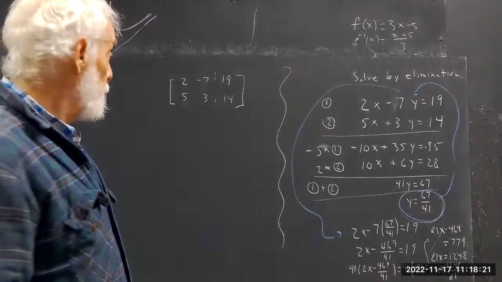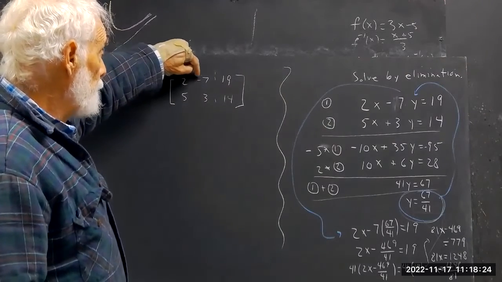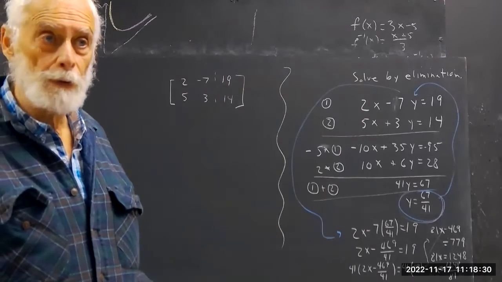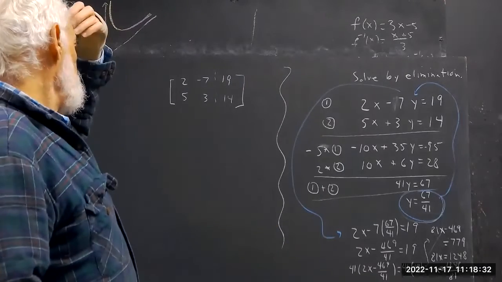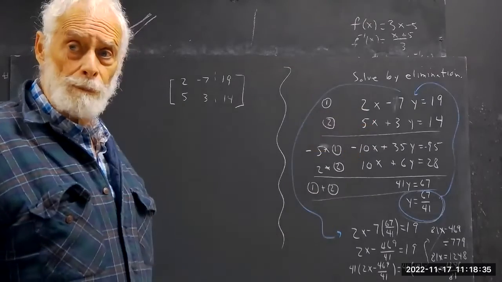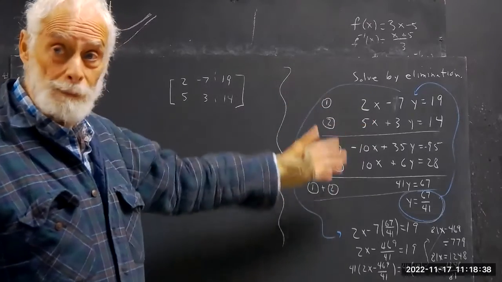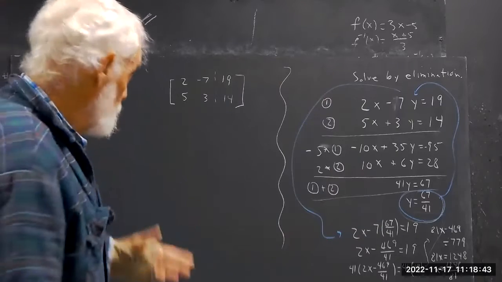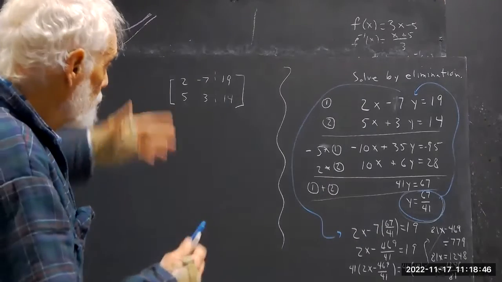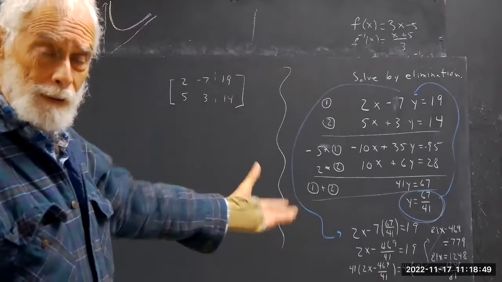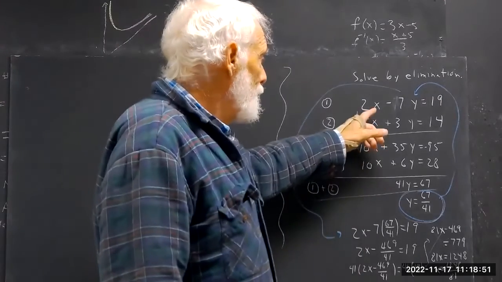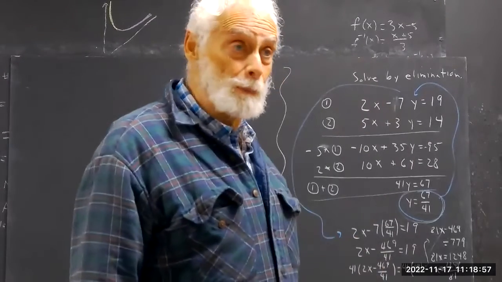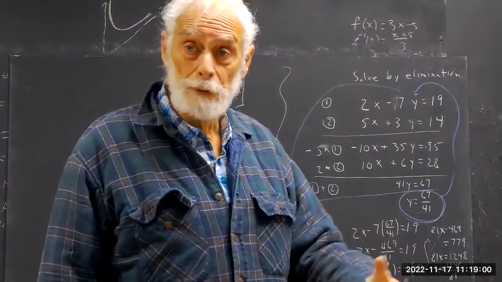If we simply understand that this is multiplied by x and this is multiplied by y, and this is an equal sign here, it's just a shorthand for the entire equation, because we don't really care about what our variables are. We're operating on the numbers, and the variables are just there to keep everything straight. Well, the variables have other importance too, but as far as the process of solving it, we could regard it as that. If this was a Q and this was a P instead of an X and a Y, our steps would be exactly the same. We just have Q's and P's wherever we have X's and Y's.